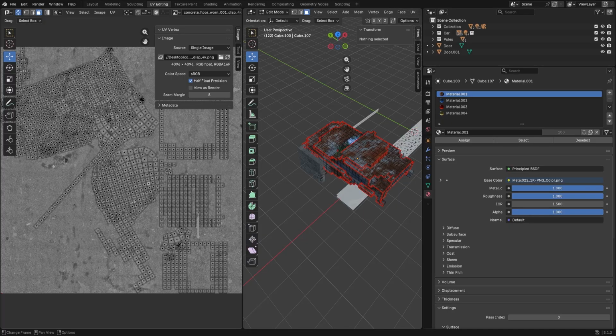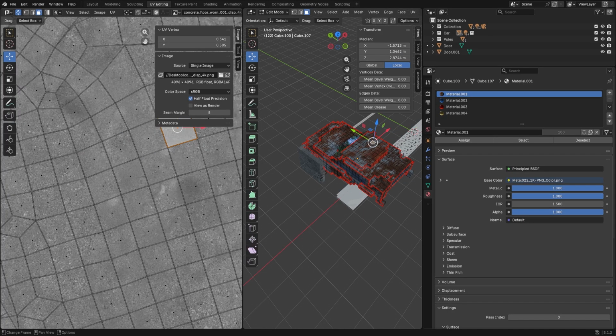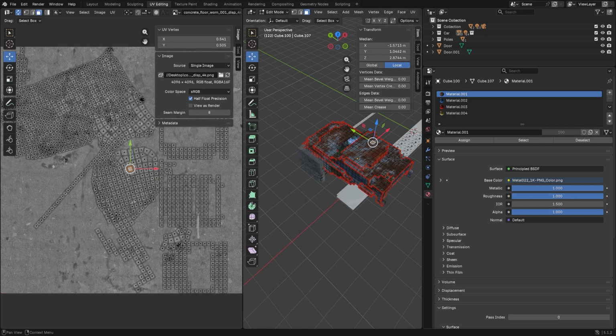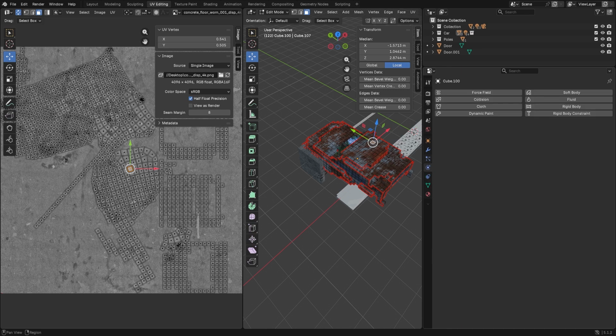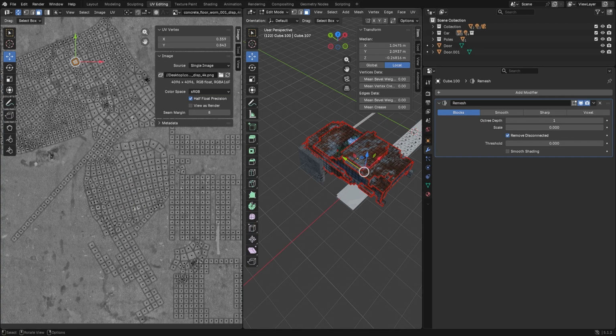If you don't know what topology is, it's basically these tiny squares. Right now it may look fine, but that's because I used this decimation modifier, this thing called remesh, which makes your model look a lot tidier and makes your life a lot easier when it comes to texturing.